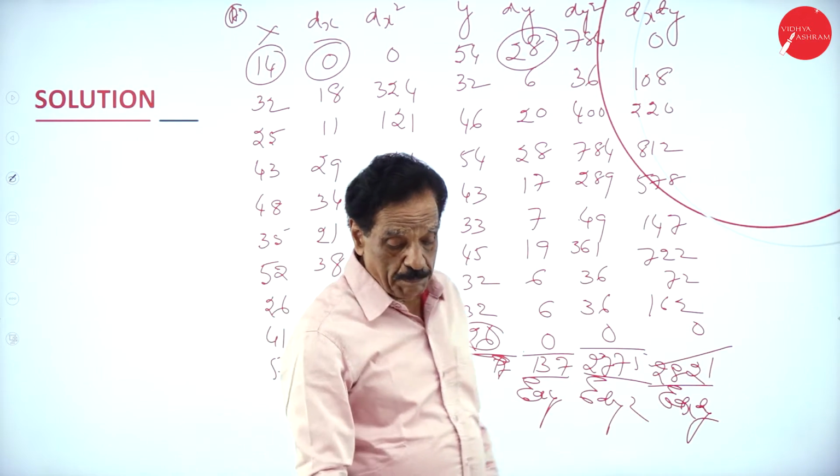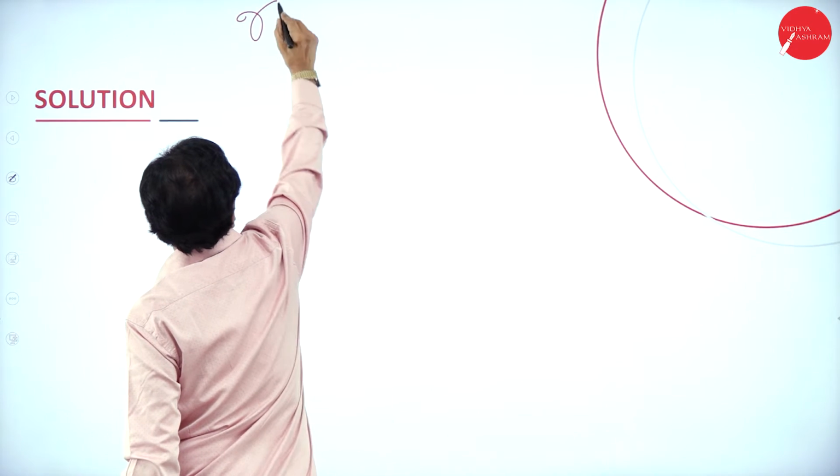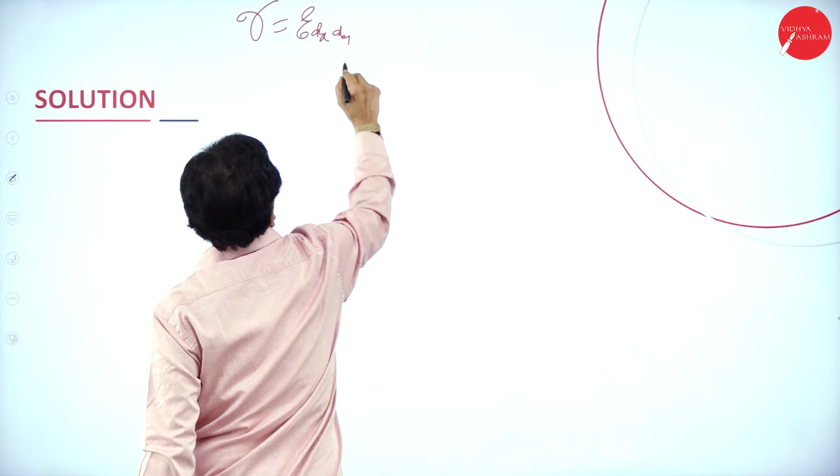So we'll apply the formula now slowly. R is equal to, R means correlation, sigma dx dy.